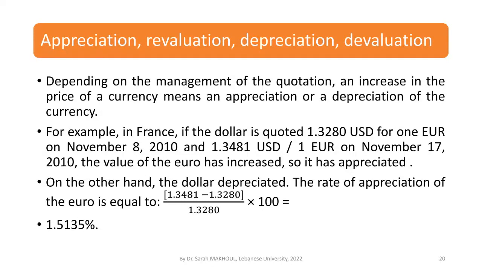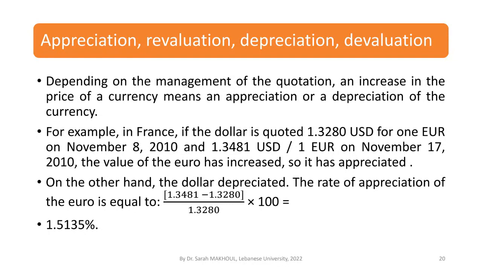We take the difference between the forward currency rate, which is the rate on November 17th, minus the rate of November 8th, and we divide it by the rate of November 8th.